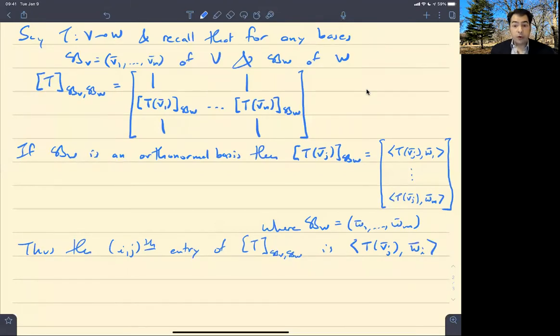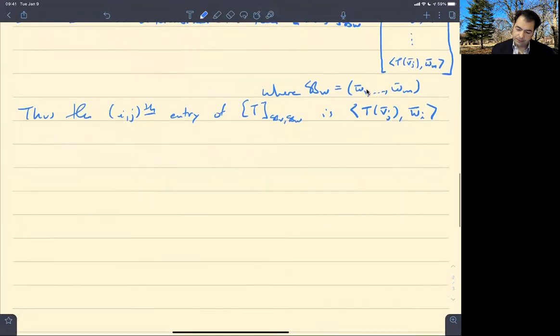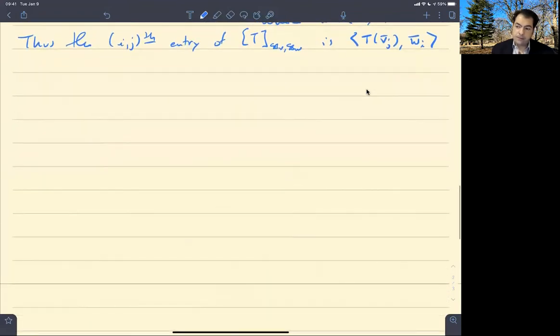Okay, so now we can find the entries in this matrix one at a time, but straight away. We have a formula for the ijth entry. Whereas before, this involved solving a system of linear equations, or multiplying by change of basis matrices or something like that. Here we can just find each entry on its own straight away.